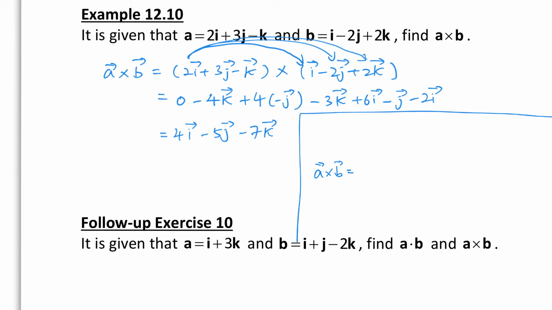If I want to find a cross b, I will put ijk and then the coefficients of ijk inside a 3 by 3 matrix. The first row is ijk. How about the second row? The second row is the coefficients of vector a, which is 2 and 3 and negative 1. Then 1, negative 2 and 2.